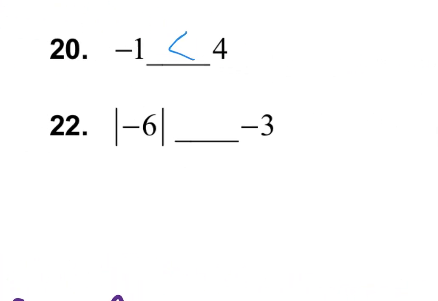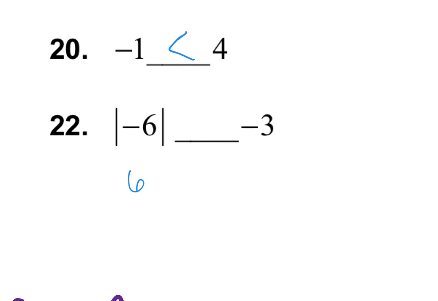And then for number 22, okay, so we're dealing with what's called an absolute value. I'm not going to go into too much detail about this, but absolute value essentially means that it's the distance a number is from 0. In other words, when you have the absolute value of something, no matter what sign it was before, just change that sign to a positive. So the absolute value of -6 is going to be +6.